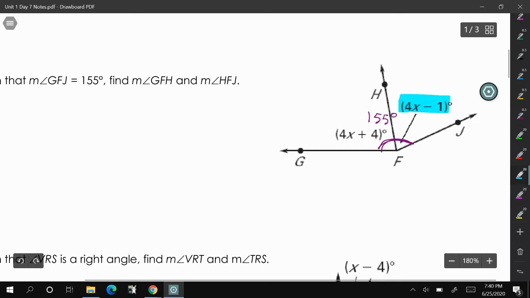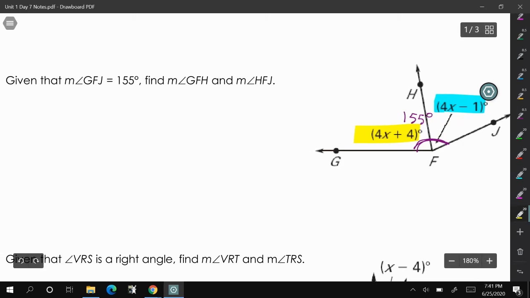So if we add these two angles, that should add up to 155 degrees. So let's go ahead and set this equation up. So 4x plus 4 plus 4x minus 11 equals 155.